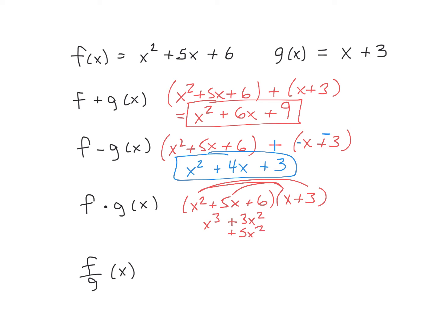I'm going to keep those together because they're like terms, plus 15x plus 6x plus 18. Combining these, I'd have x cubed plus 8x squared plus 21x plus 18.